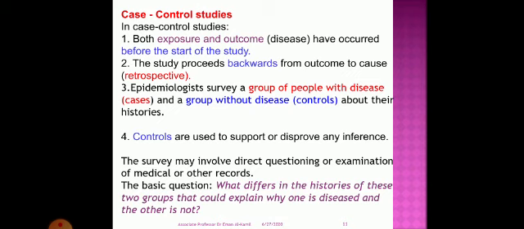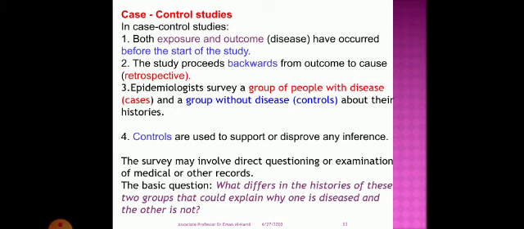So, for example, if we want to study, in the same example which we have already mentioned, the association between parental smoking and respiratory tract infection among children. In the case control study, we are going to take two groups. The first group, we are going to take cases. Who are the cases in this example?